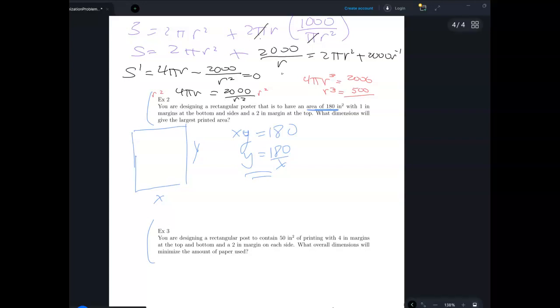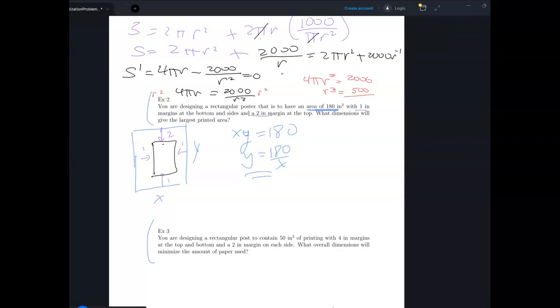Okay, so then what is it we want to do? We've got margins, so a 2-inch margin at the top, and a 1-inch margin on all the other sides. And what they want us to do is find the largest printed area. So that would be this.